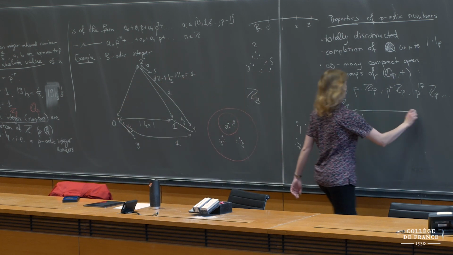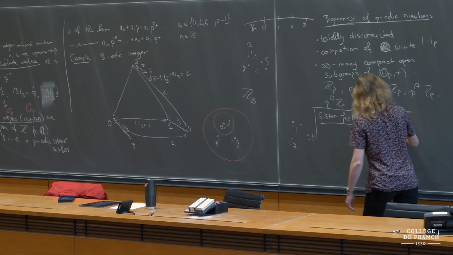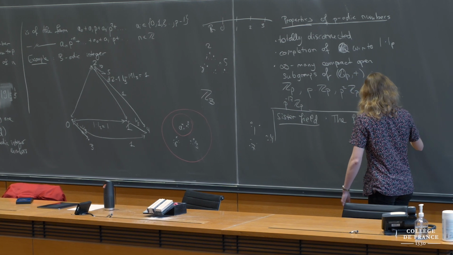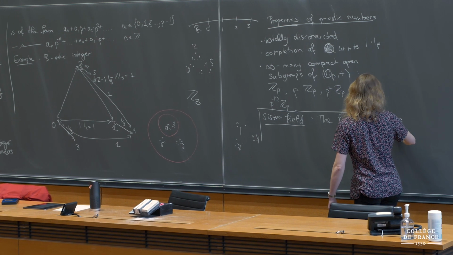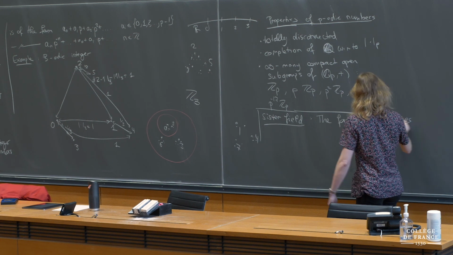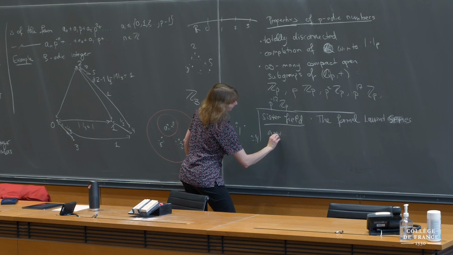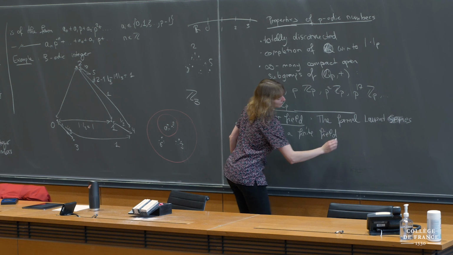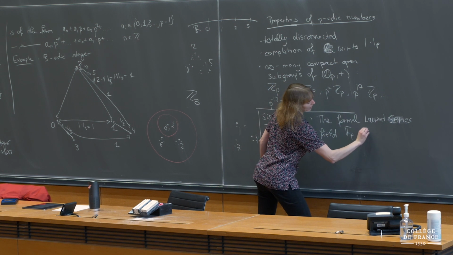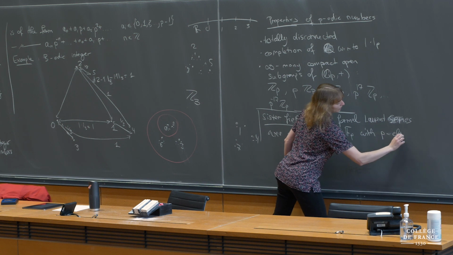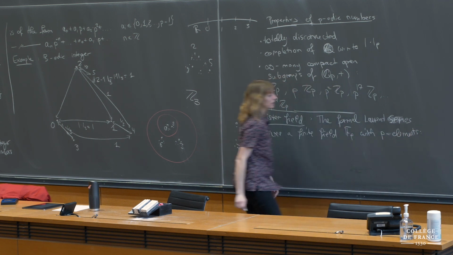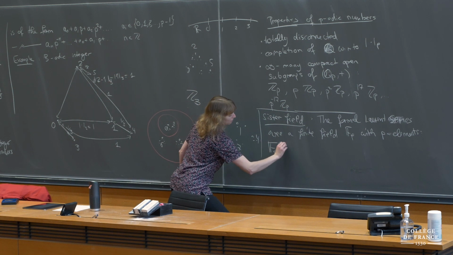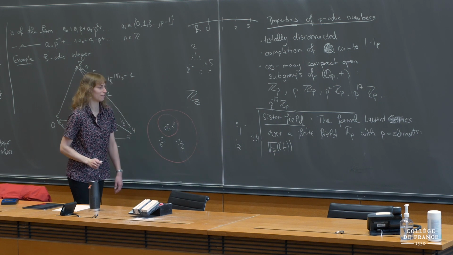The sister field is the Laurent series, or sometimes we'll say formal Laurent series, over a finite field, let's say with p elements, so F_p with p elements. And what is this? The Laurent series over a finite field with p elements. It's written as F_p((t)). T is the formal variable.